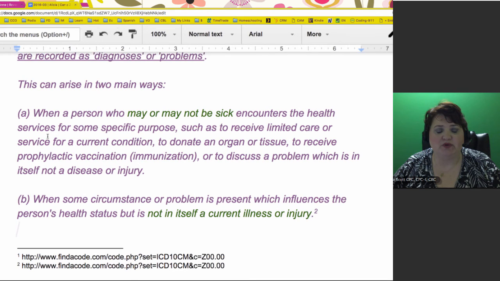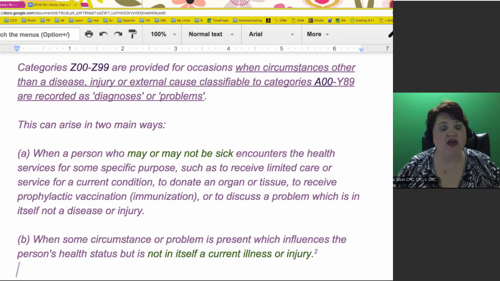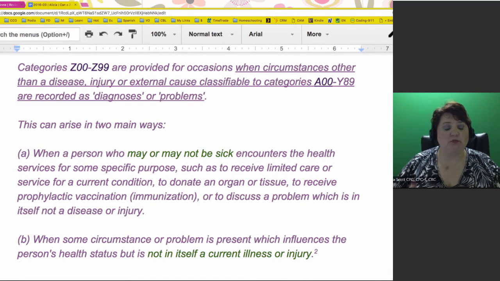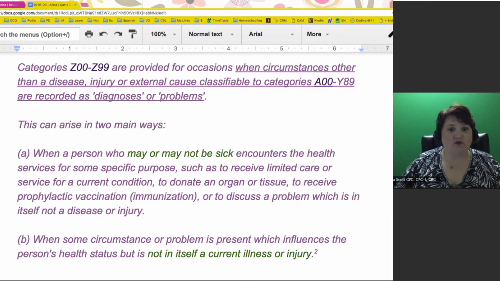But Z codes, honestly, if you're coming in for follow-up, it mostly depends on why you're doing the follow-up. If they've fractured their hip and they're coming in for follow-up of that in a skilled facility, right? It's follow-up for the fractured care.